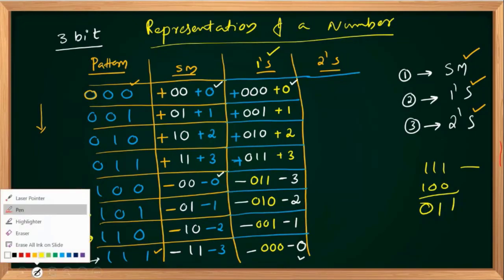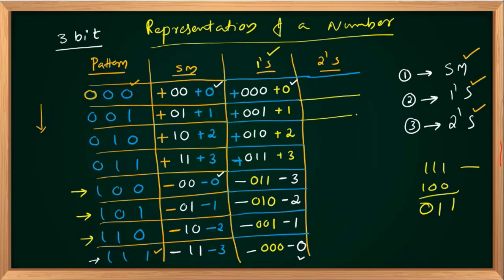I have one more representation, 2's complement representation. Your friend is again saying that no, it's not signed magnitude and it's not 1's complement, it is actually 2's complement representation. Again it is very simple to identify. If the MSB is 0, the number is positive. If the MSB is 1, the number is negative. If the number is positive, I don't have any confusion.